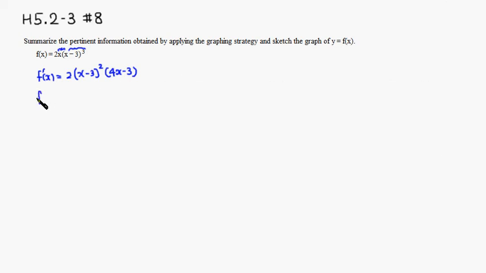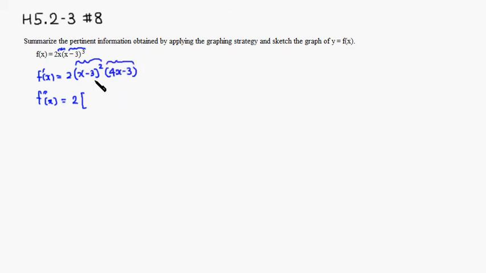So f double prime of x is equal to, 2 is there. Again we're going to use the product rule. This is our first guy and this is our second guy.